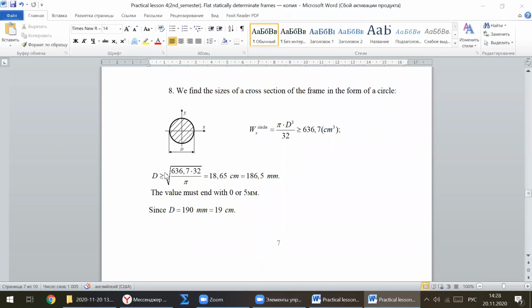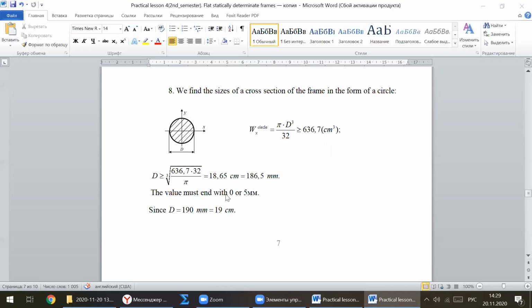And we find the diameter D: 18.65 centimeters, and 186.5 millimeters. This value D must end with 0 or 5 millimeters.